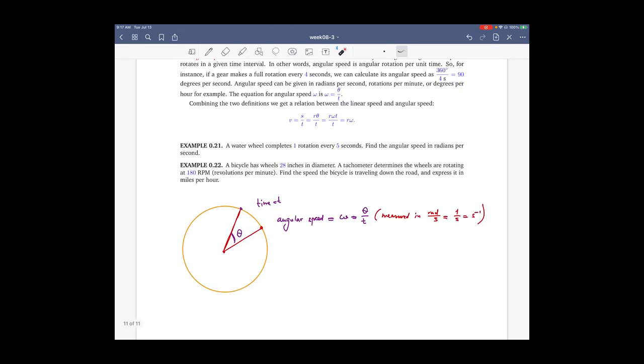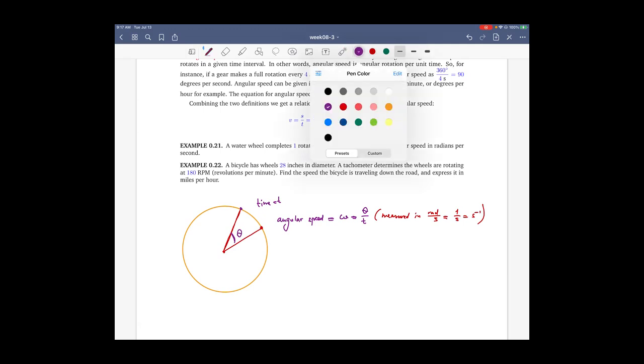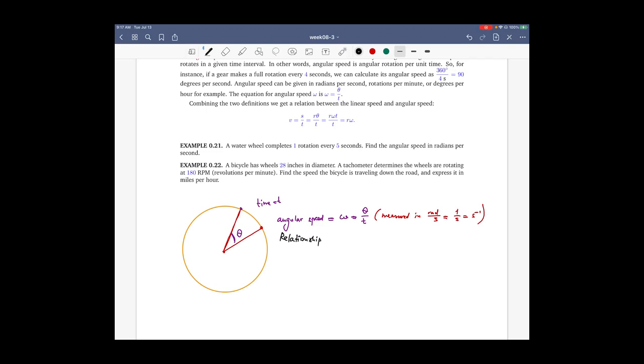There's a clear relationship between linear speed and angular speed.